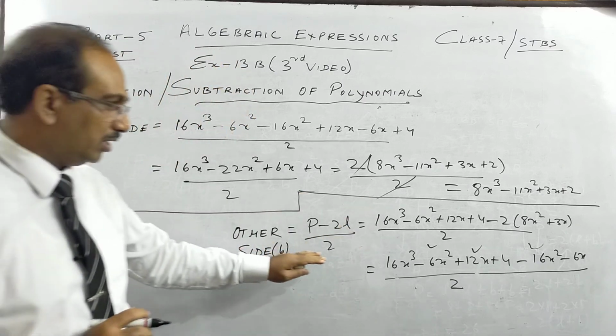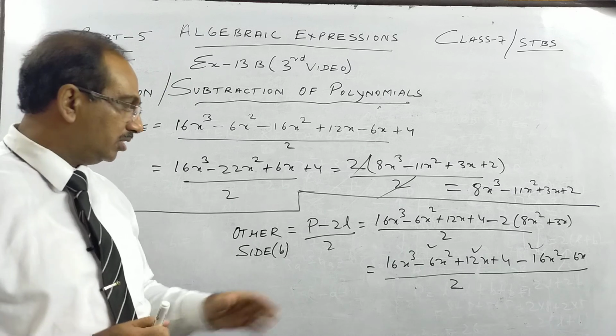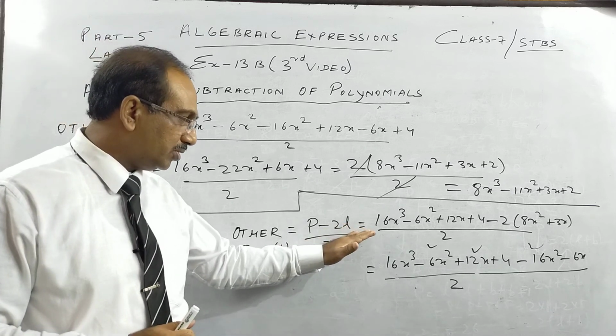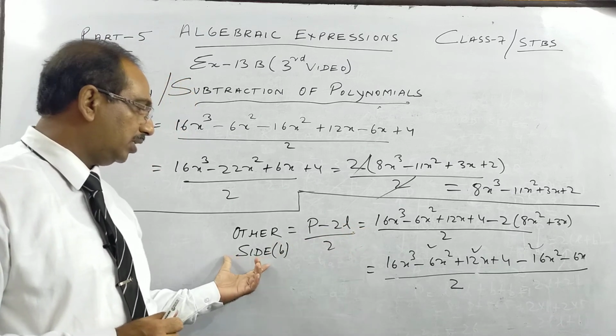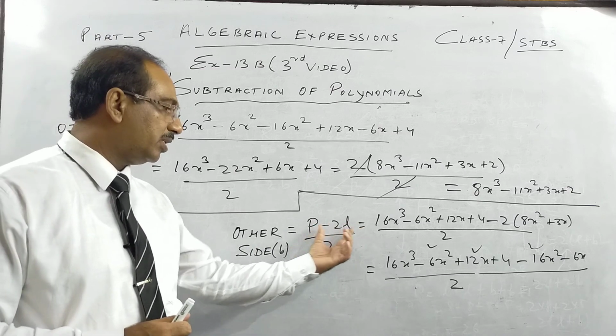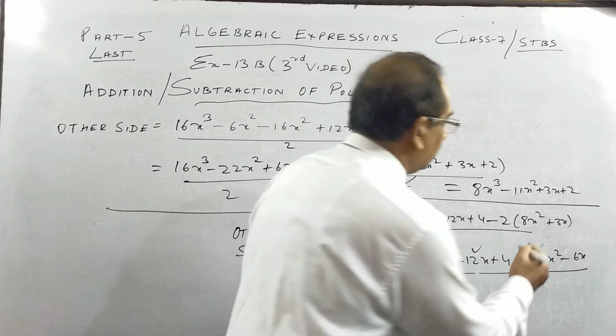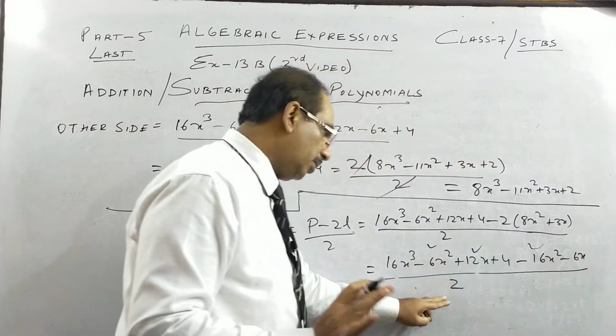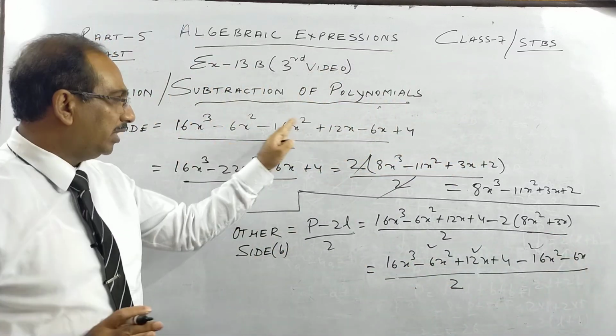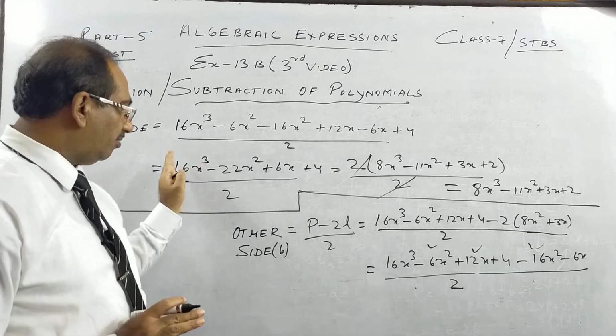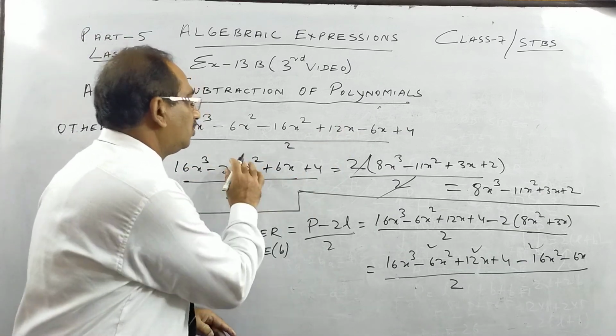So once more, the concept I gave you: perimeter minus 2 times the other side, divided by 2, gives you the other side. One side you can call perimeter minus twice the one side. So this is what I have solved in a row operation. Here I have arranged the like terms, we have added them, so this division by 2 remains.